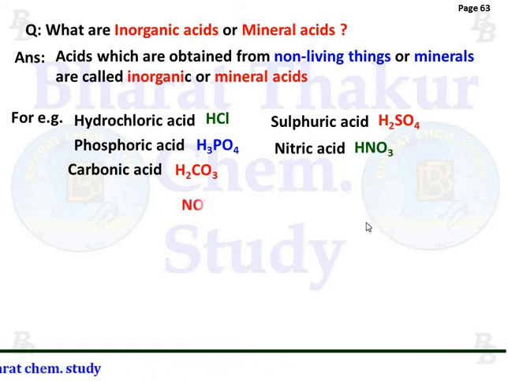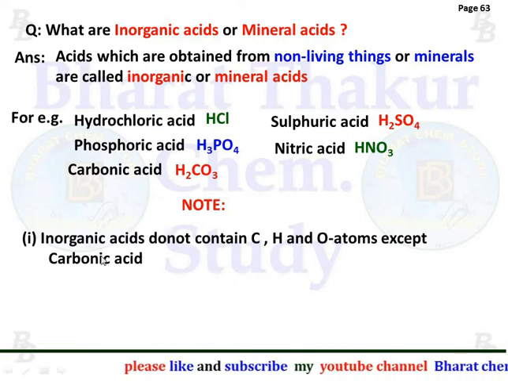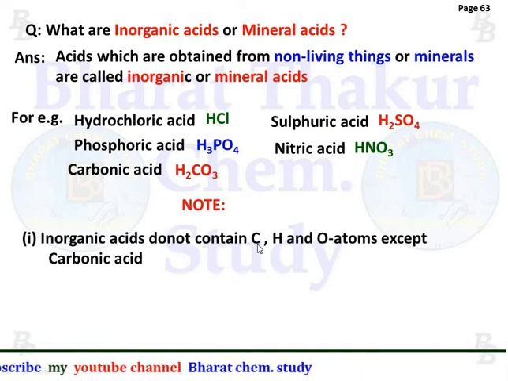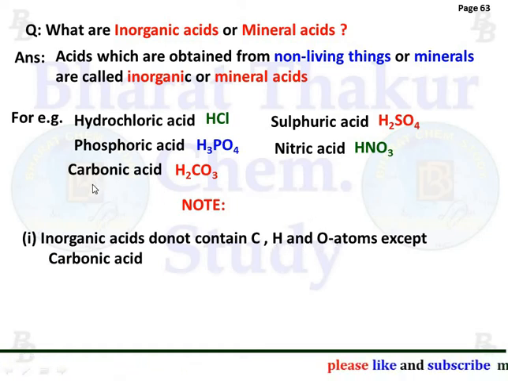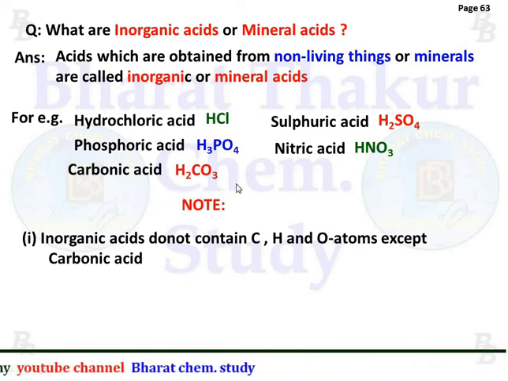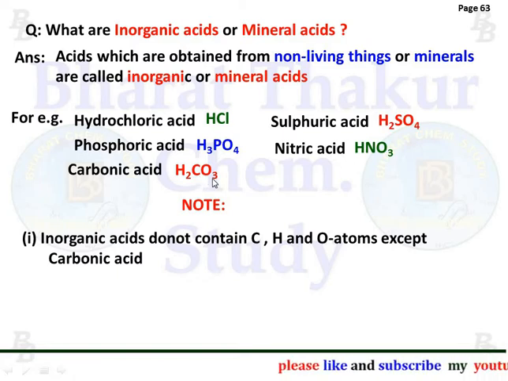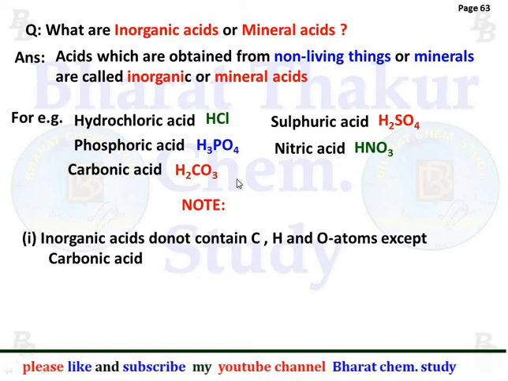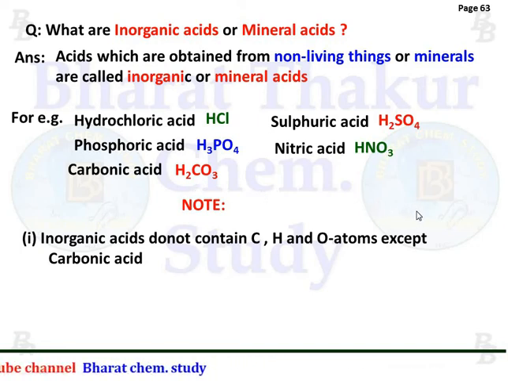So some important notes from this topic. First, inorganic acids do not contain carbon, hydrogen and oxygen, with the exception of carbonic acid. Only carbonic acid is an inorganic acid which contains carbon, hydrogen and oxygen, but still it is not organic. It is an inorganic acid.